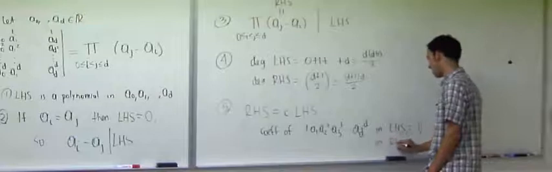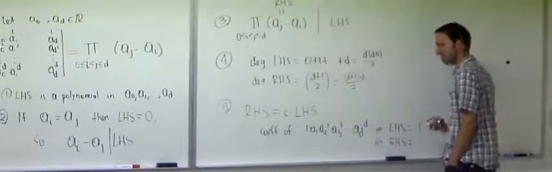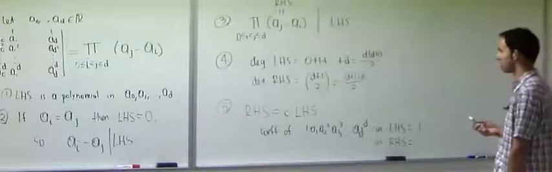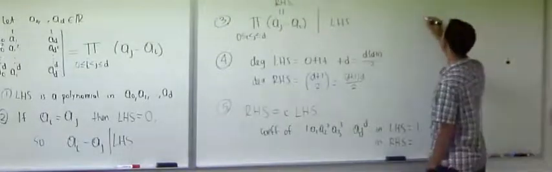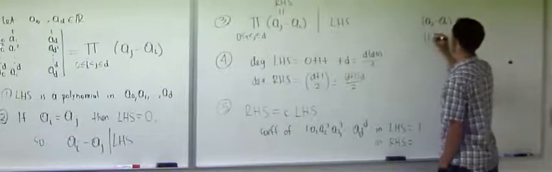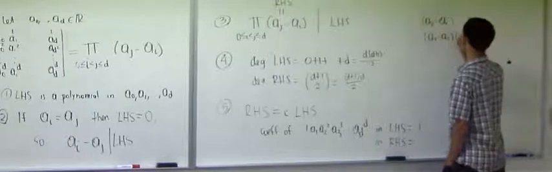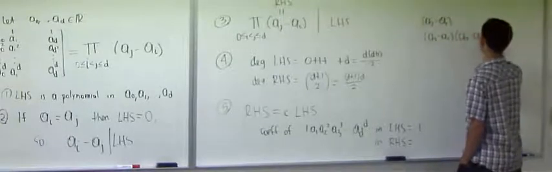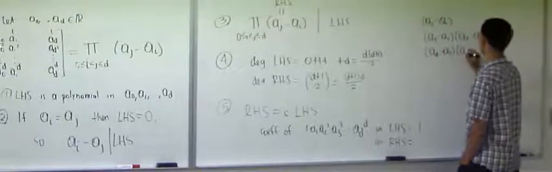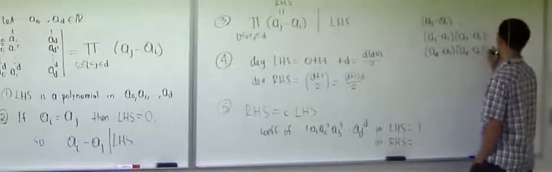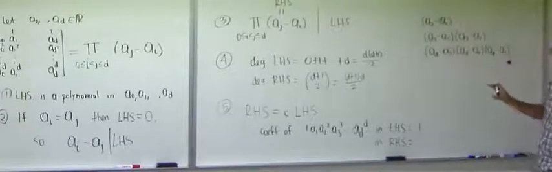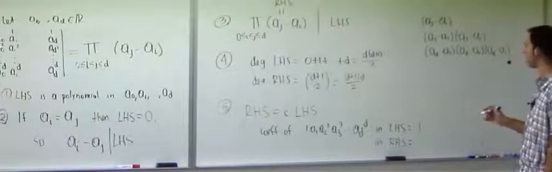Again, you know the answer, but why is that the answer? What are we multiplying here? a2 minus a1 times a3 minus a2 times a3 minus a1 times a4 minus a3 times a4 minus a2 times a4 minus a1.